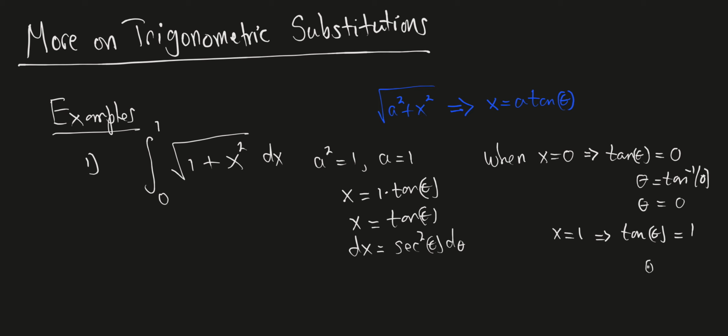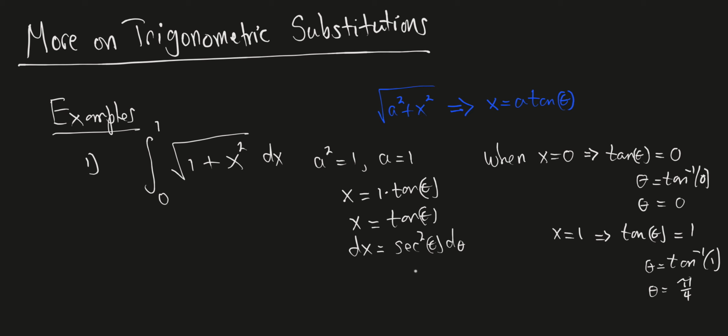Well, to say directly what theta is, you take the arctangent of both sides, and this is actually one of our special angles. The arctangent of 1 is going to be pi over 4. You do not want to write down 45 degrees. Again, all calculus is done with radian measure, right?